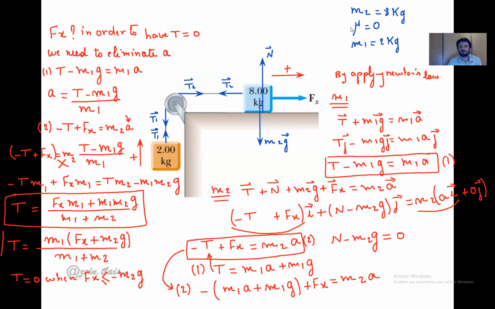So fx must be less than minus m2g, where m2 equals 8, g equals 10, or we can say g equals 9.8, okay? We get 78.4 Newton. This is the answer.